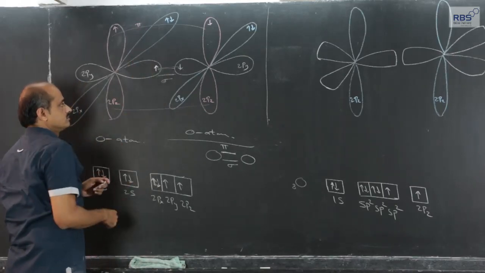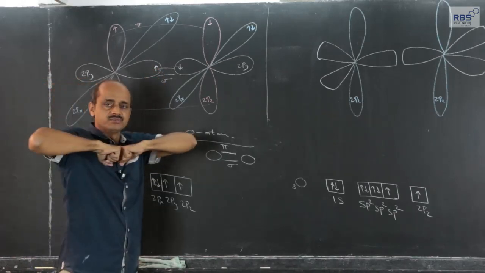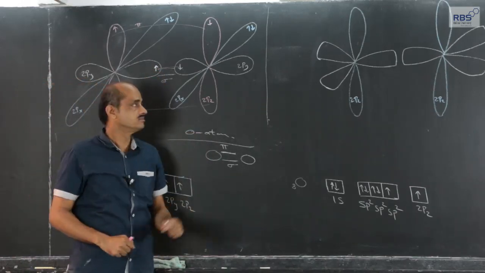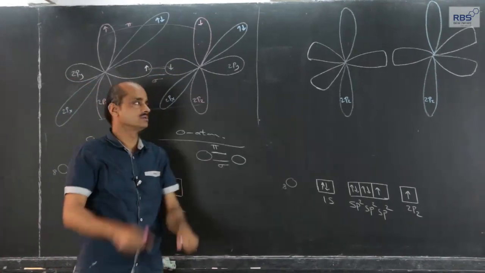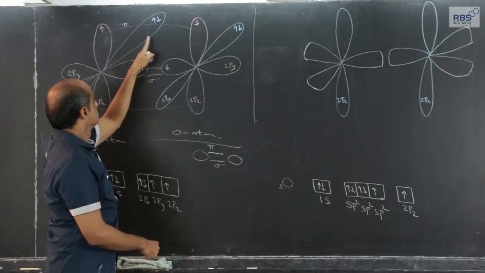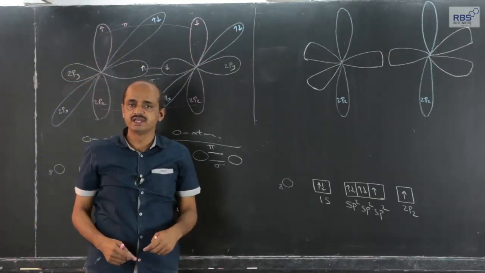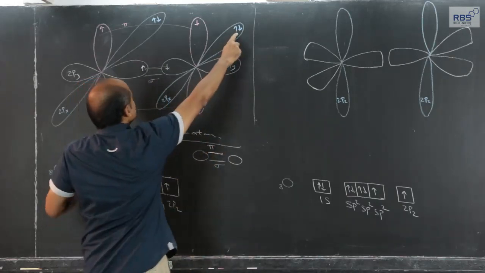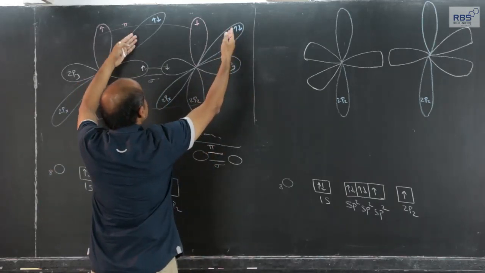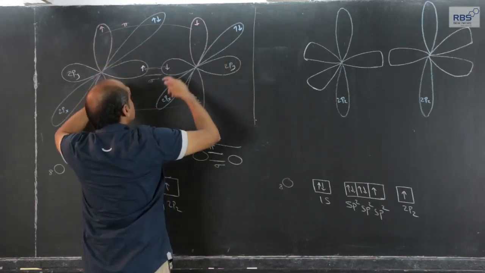But at the same time, the moment py forms a sigma bond and pz forms a pi bond, these two px will also overlap, and both the px have a lone pair each, and therefore there will be repulsion, and such overlapping is not possible.